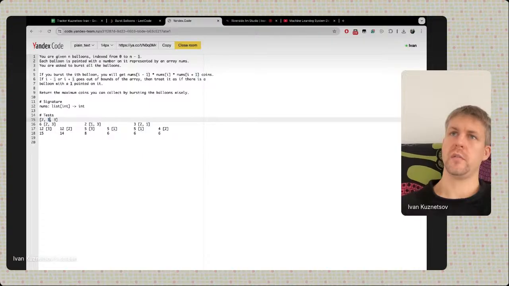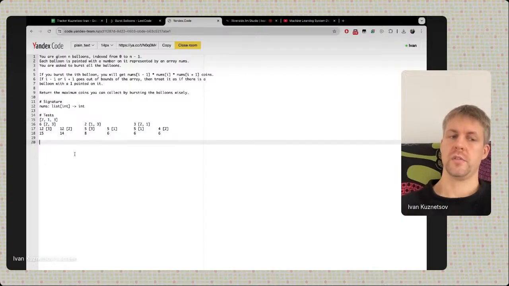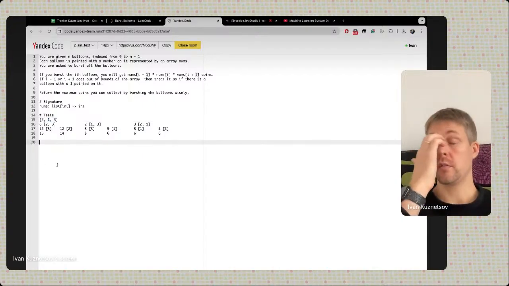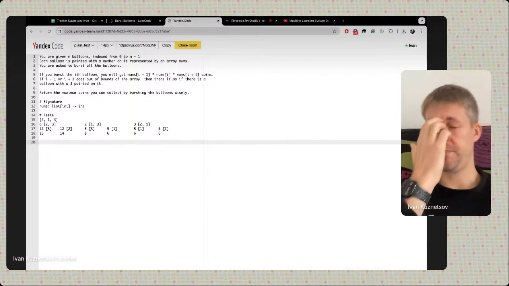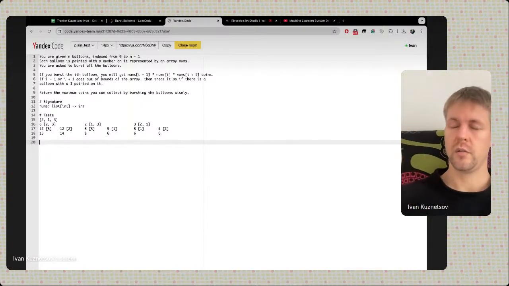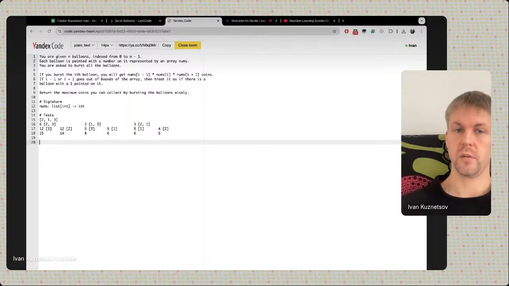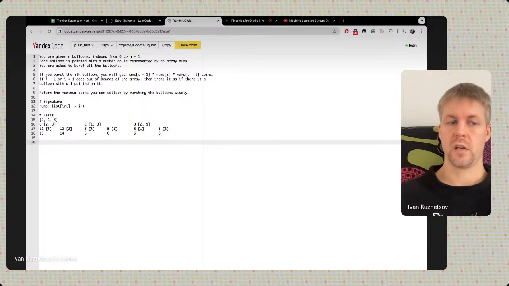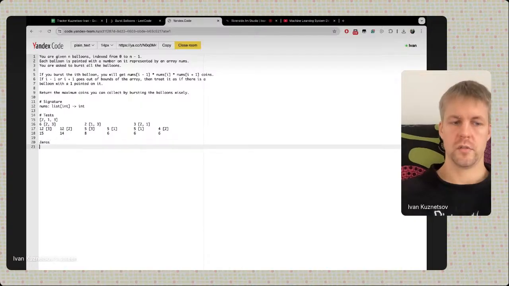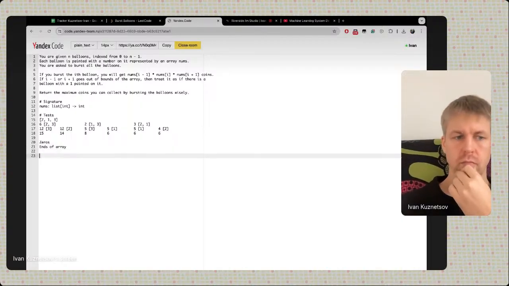So one of the things that I'm worried about is corner cases and also zeros. The corner cases, I mean, what if we burst numbers on the edges of the array and multiply everything by 1? This is one thing, and zeros is another thing. So zeros and the ends of the array are something that I want to look at.